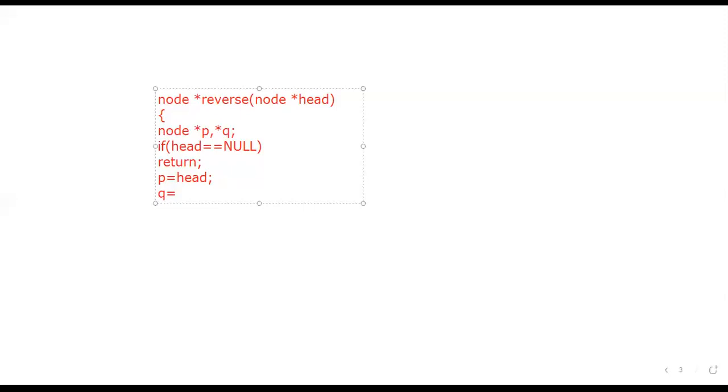Q equals to p next. If Q equals to null, return.